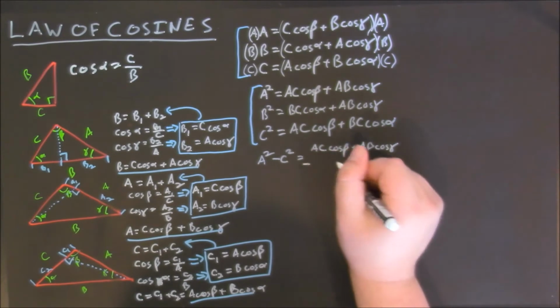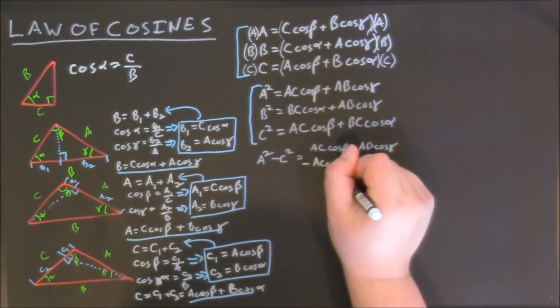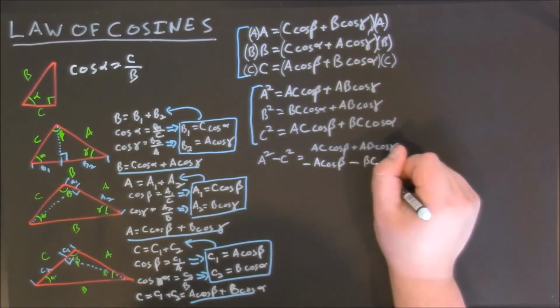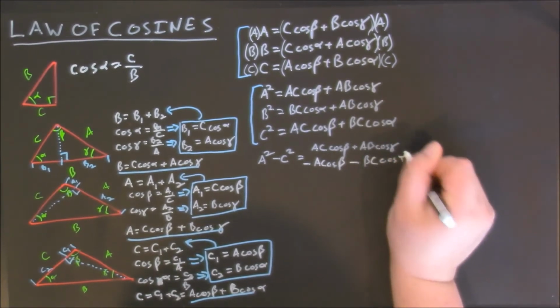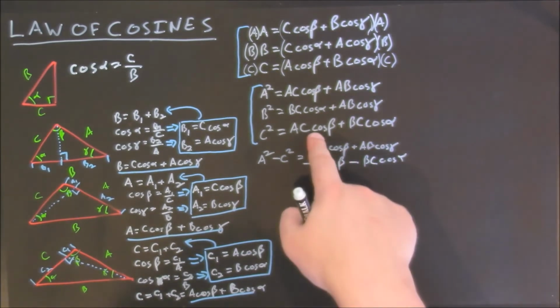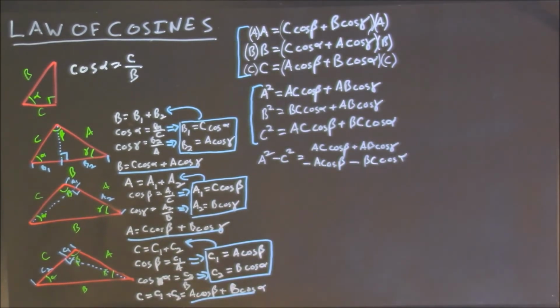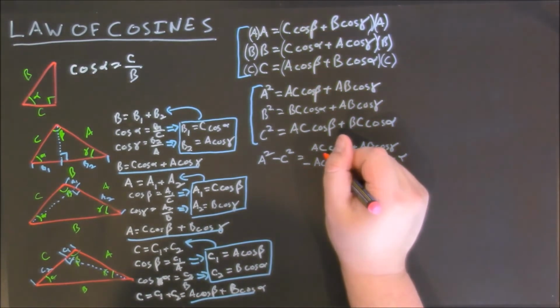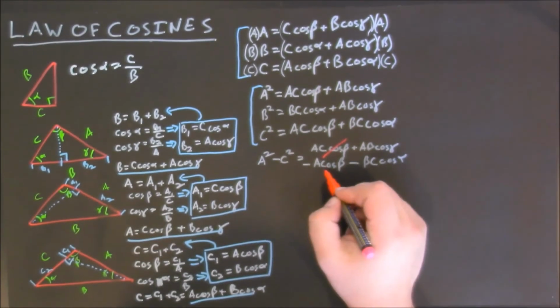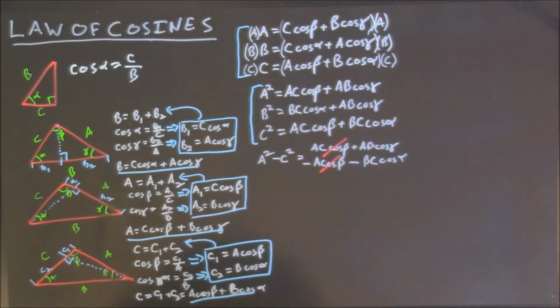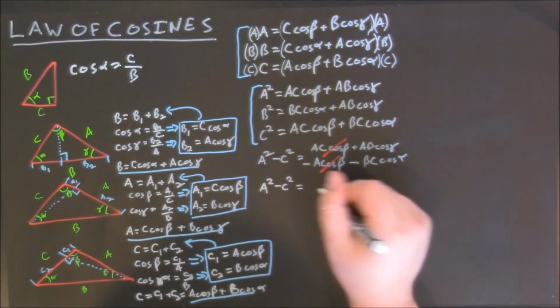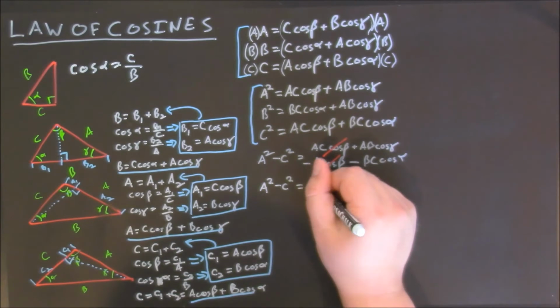And we subtract AC cosine beta plus BC cosine alpha, and this is subtracting the C squared term. Now, you see that some of these terms actually cancel out. So we get that AC cosine beta and then minus AC cosine beta cancel each other out. So now we're left with A squared minus C squared is equal to AB cosine gamma minus BC cosine alpha.